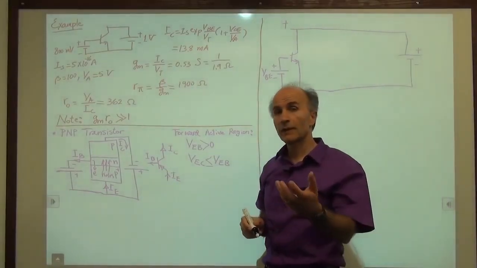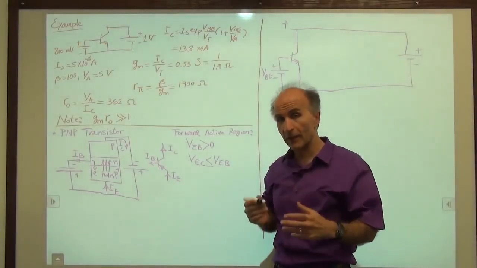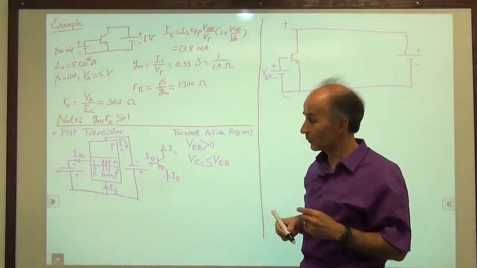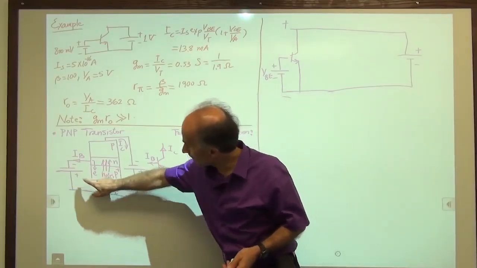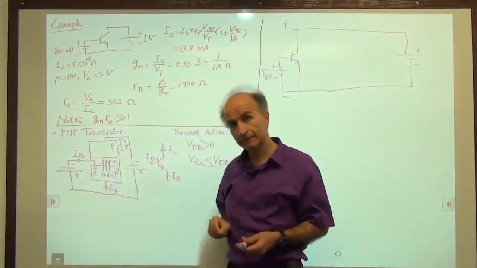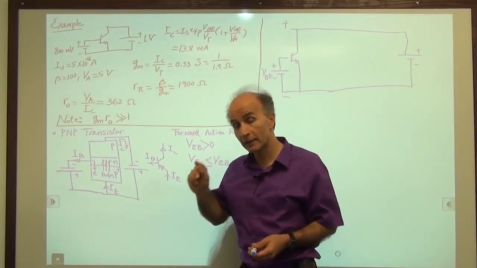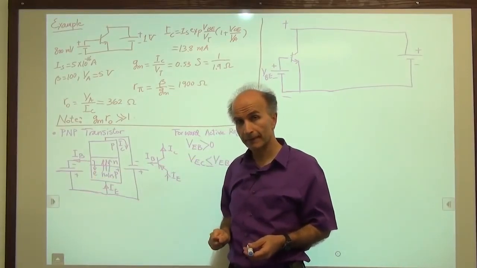Now, when we want to connect a PNP device to the same circuit, to the same environment, we have to be careful. For the PNP device, we know that the emitter has to be more positive than the base, because this junction has to be forward biased.